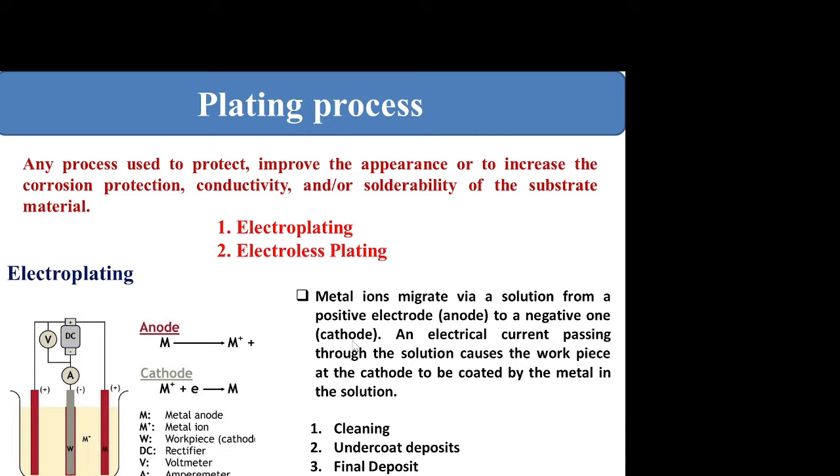For example, in gold plating, we use gold metal as positive electrode and the metal to be coated, for example, copper or brass, is made as negative electrode. So we can plate gold over brass or copper.